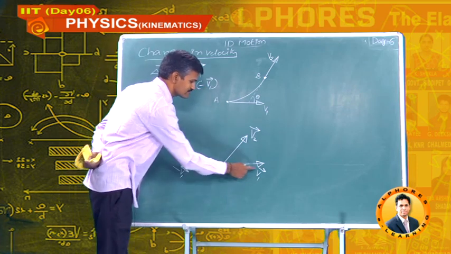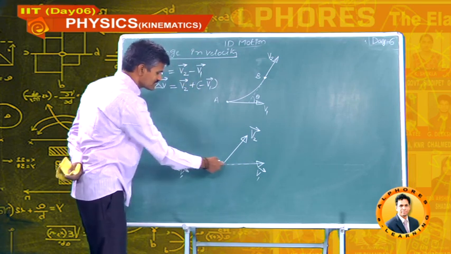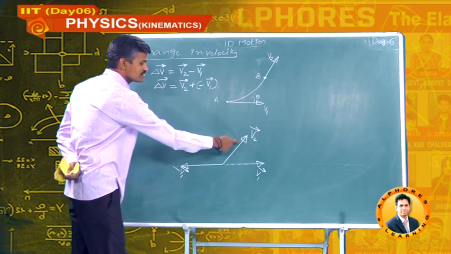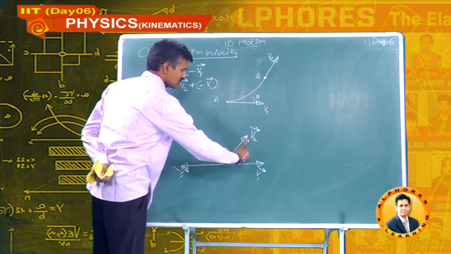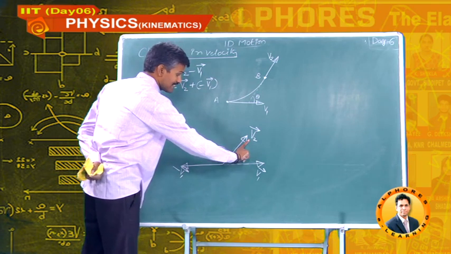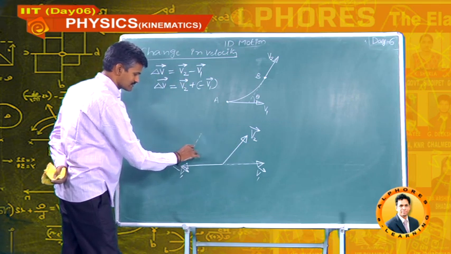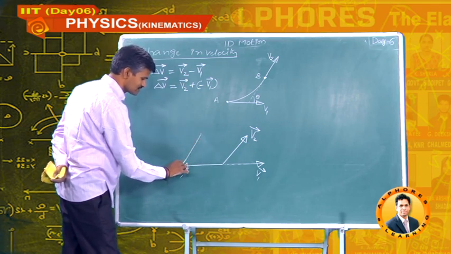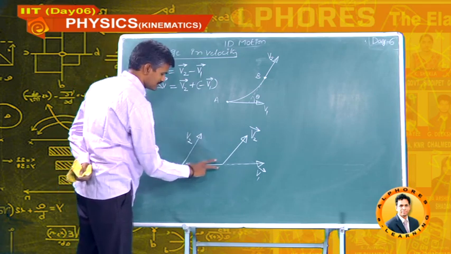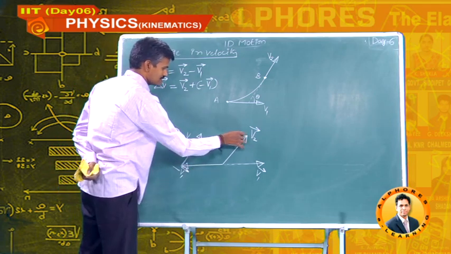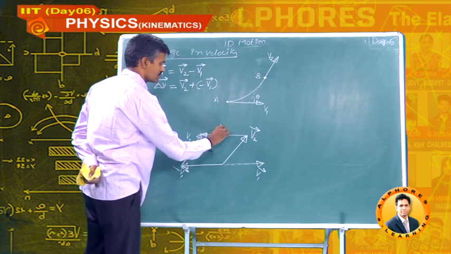If this is v1, I represent it here with dotted lines. This is minus v1. On adding these two vectors, you will get the change in velocity. For this, I am using the parallelogram law to draw a parallelogram. I am shifting this vector to here, this is also v2, and taking this vector to here, this is also v1.